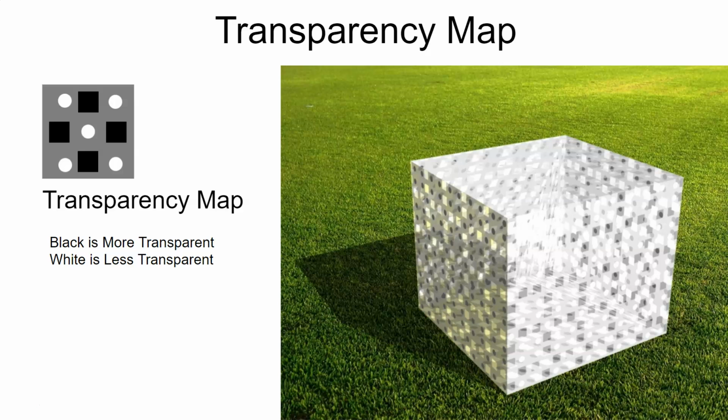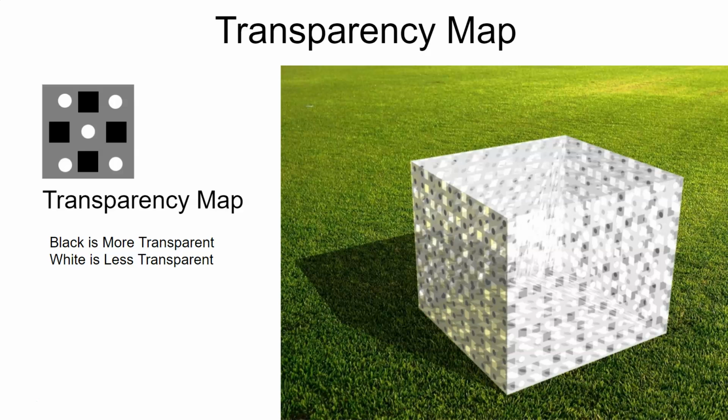Black is pretty much 100% transparent. Usually it's still a sliding scale, so like any setting, you can say whether black is 100% or less than 100%. But it's going to be the thing that's most transparent in your image, and white's going to be the thing that is least transparent, depending on what you mean by least. It might mean none, it might not, depending on your settings. But it works the same way as a bump map.